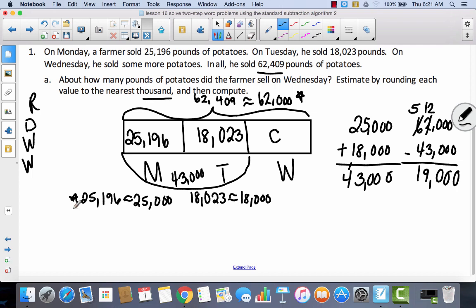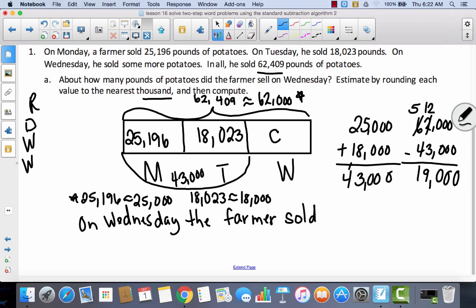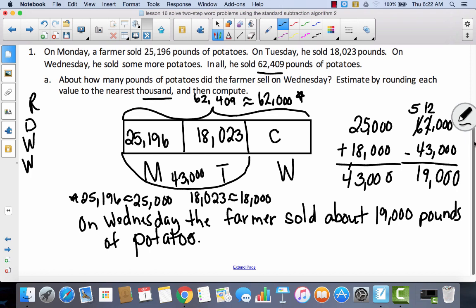So what this means is that on Wednesday, the farmer sold about 19,000 pounds of potatoes. Okay, so that's my estimate there.